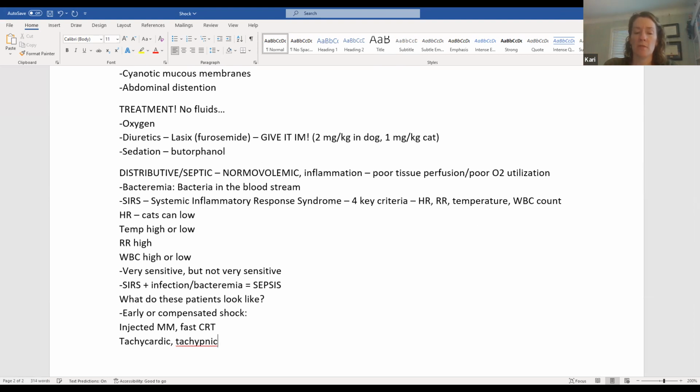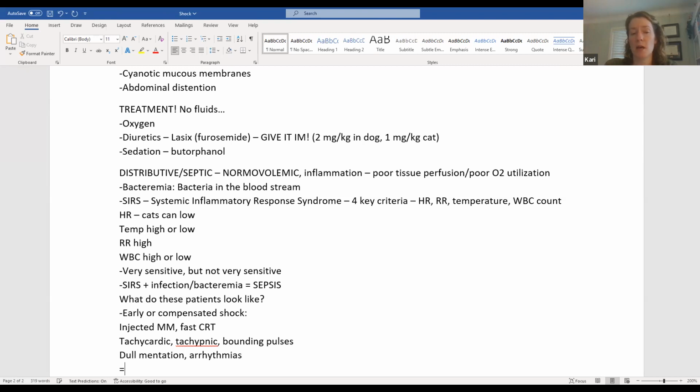Sometimes we'll talk about them having what we call bounding pulses, where because they're so vasodilated peripherally, you can really feel a big pulse difference. They might be hypotensive, but that pulse quality may really vary. They can still have things like dull mentation. What else? They can have arrhythmias. Yep. So all of those things might be similar.